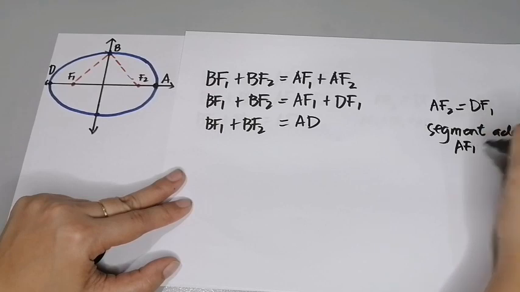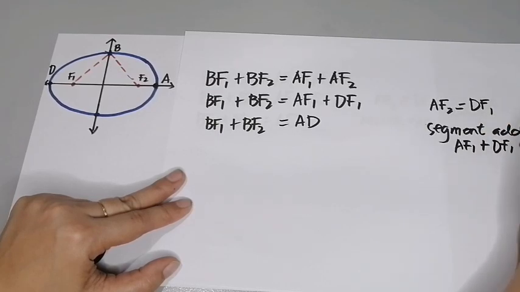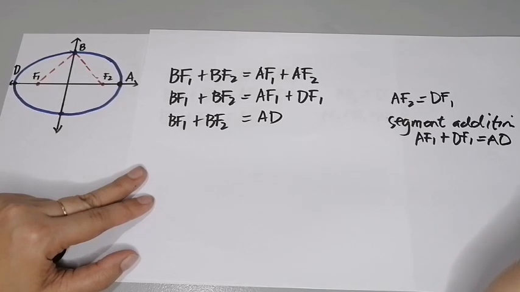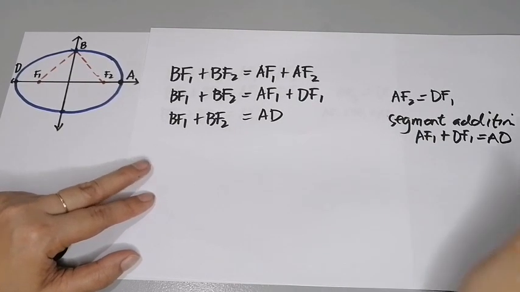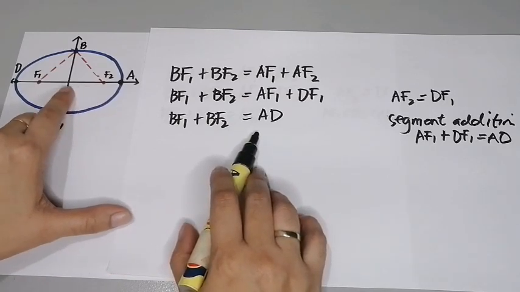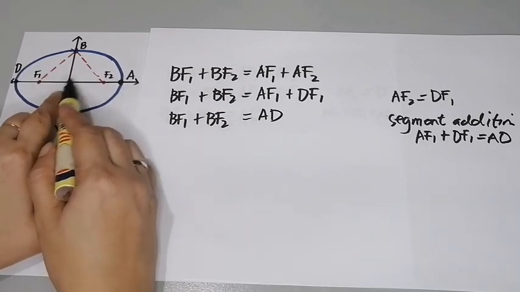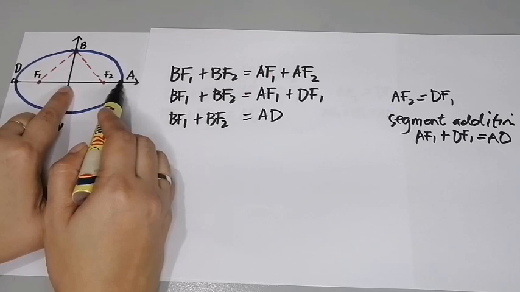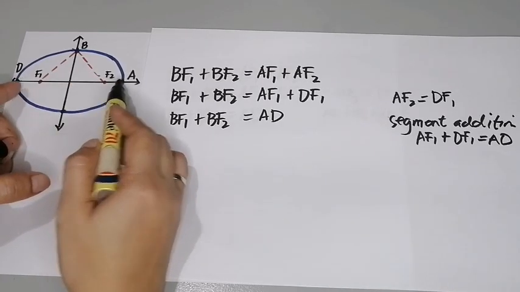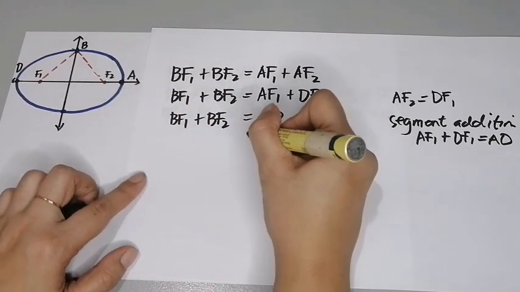A while ago, we discussed that the length of the semi-major axis is A. So from the center to one of the vertices of the ellipse, the length is A. So if this is A, this is also A. The length of line segment AD in terms of A is 2A.